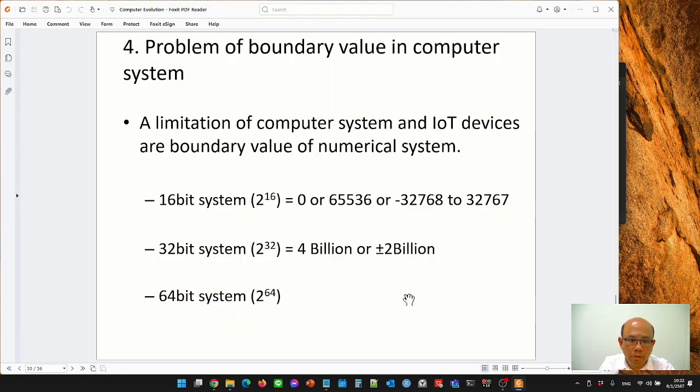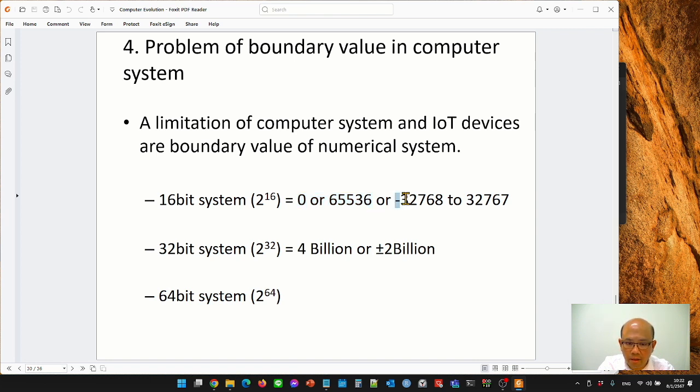Today, some IoT systems run in 16-bit, and some IoT systems run in 8-bit. For 16-bit, the number of values is 2 power 16. That is the boundary: in decimal it is 0 to 65,536.